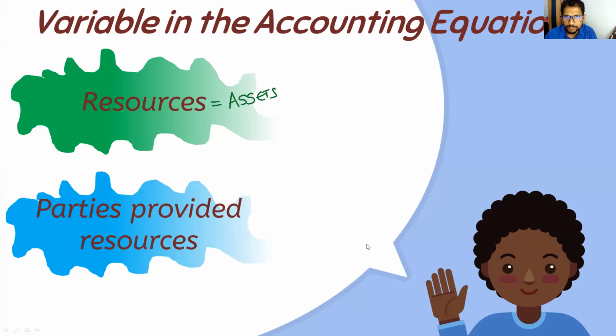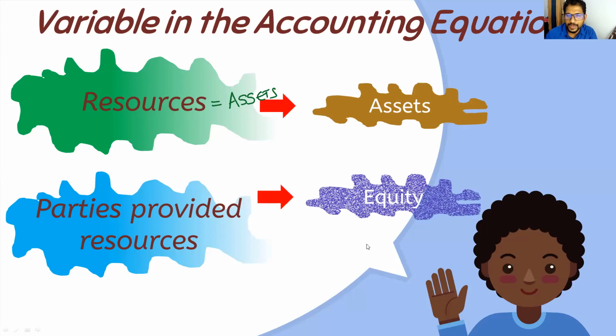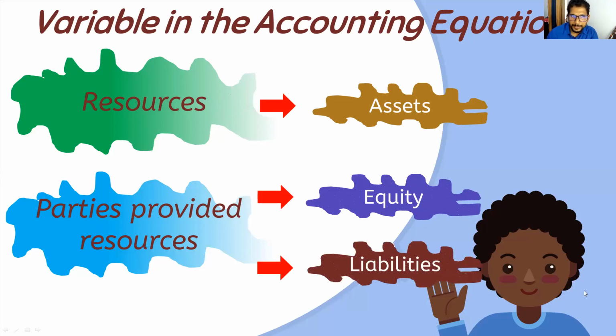Let's say this. Don't write this yet. Some of the resources are provided to the business; this is what is called assets. Don't write this. Now look at this. Resources are called assets.